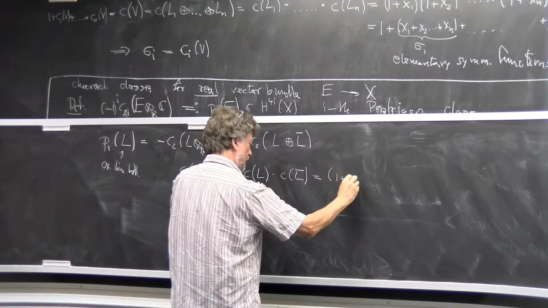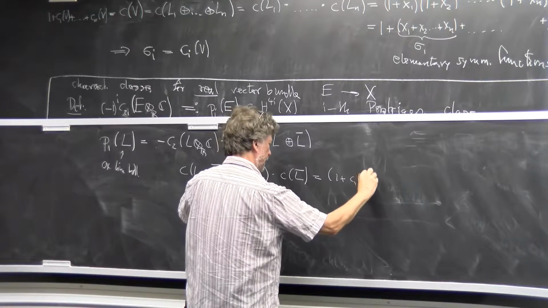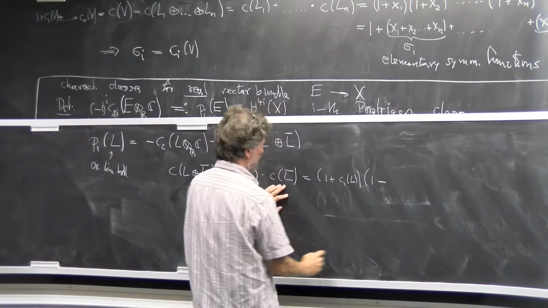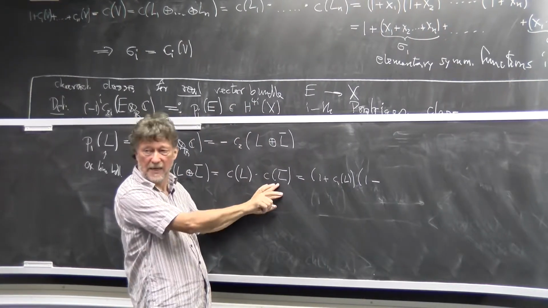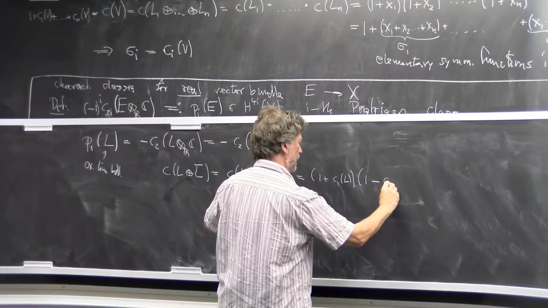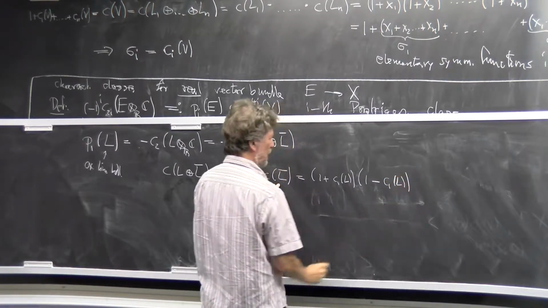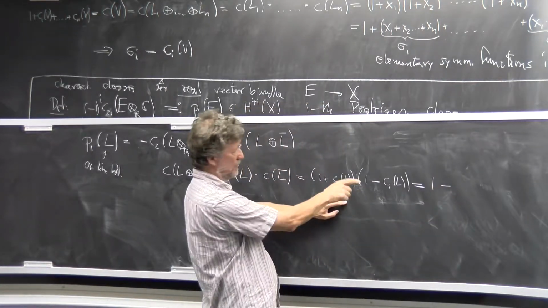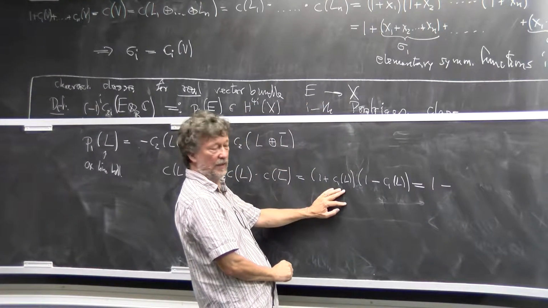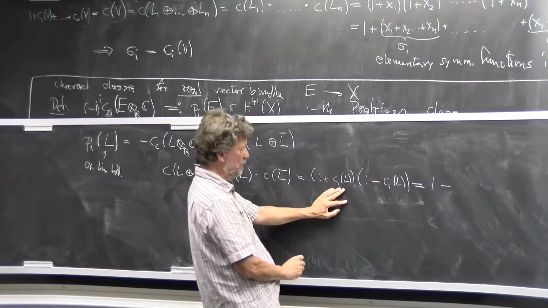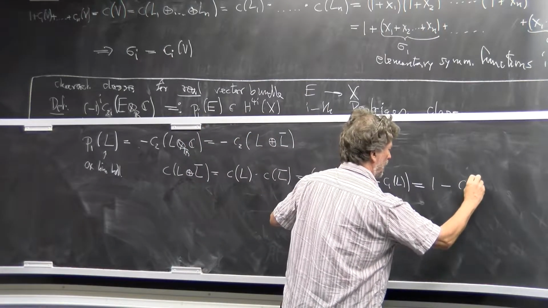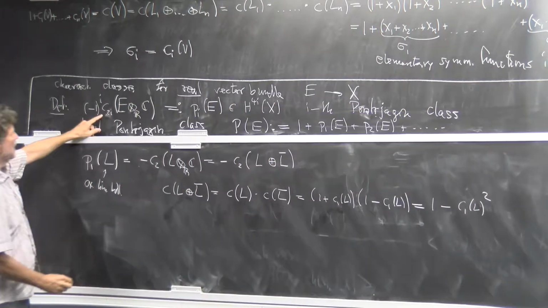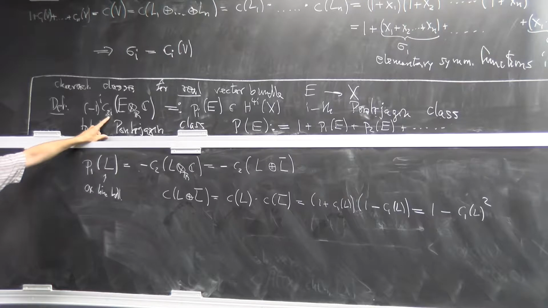What's the total Chern class of L? That's 1 plus the first Chern class of L. What's the Chern class of L bar? Well, the first Chern class of the complex conjugate is minus the first Chern class of the original bundle. As you multiply it out, you can see this is 1 minus the square, and you see that the first Chern class of this bundle is going to be 0. So that's the secret reason that we skipped the odd Chern classes of the complexification.